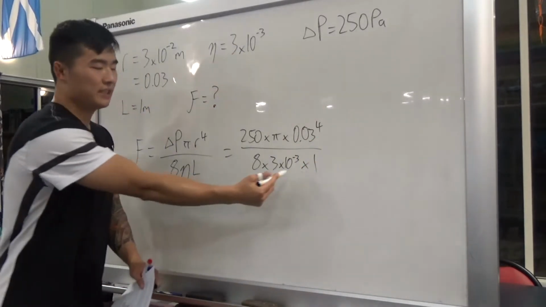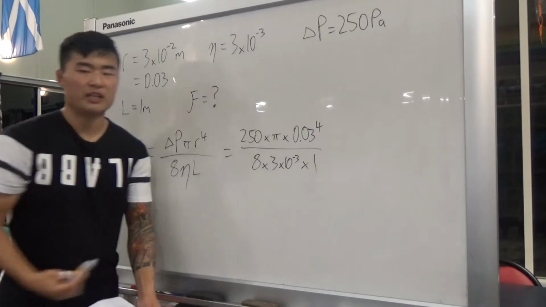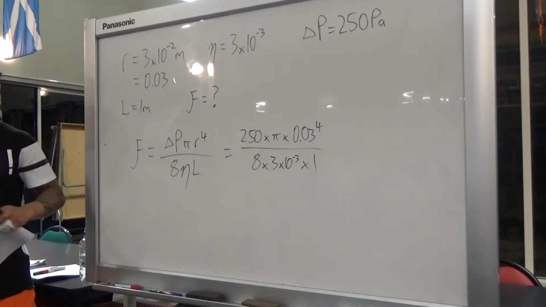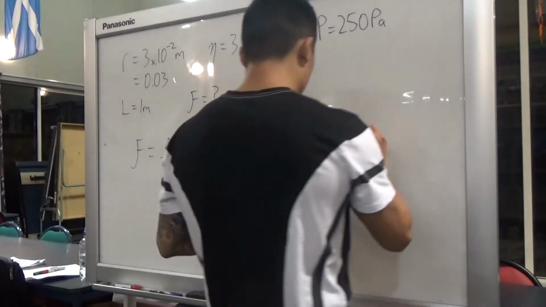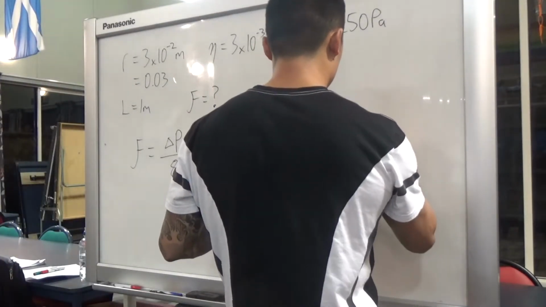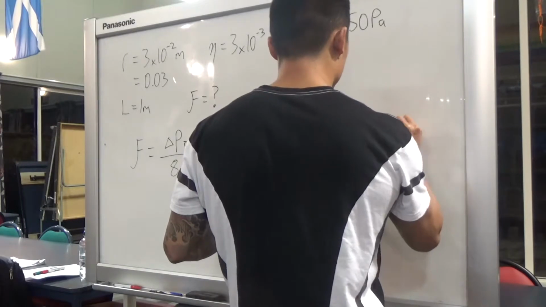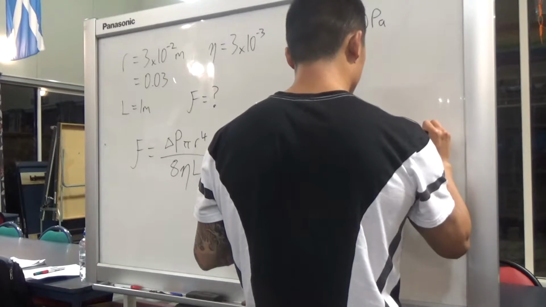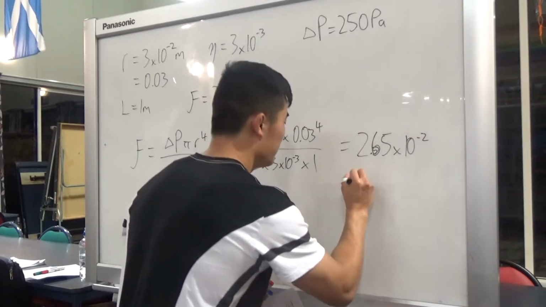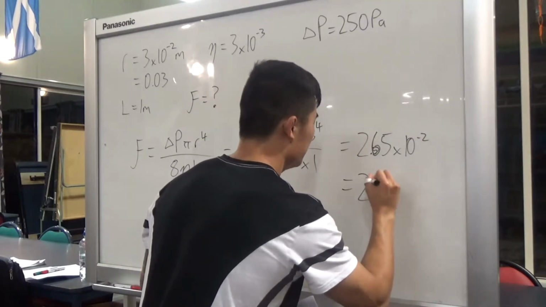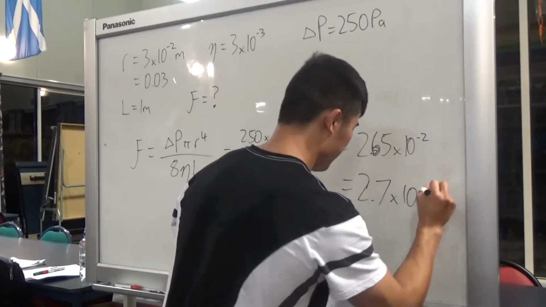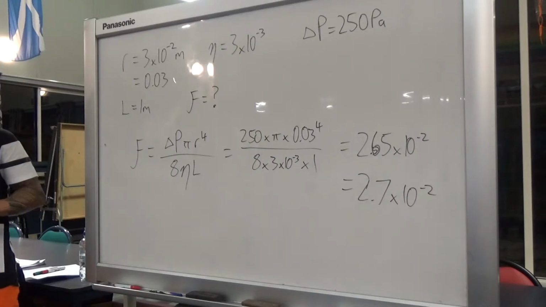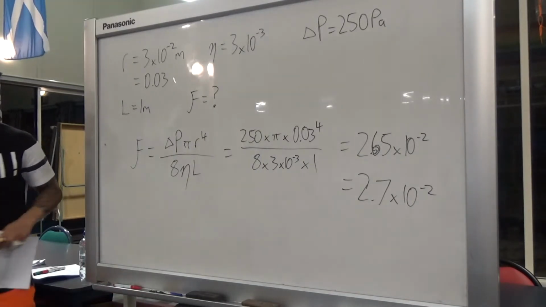If you're just timesing it by 1, you don't have to put that 1 on if you don't want to. That should give you 2.65 times 10 to the negative 2, which rounds to 2.7 times 10 to the negative 2 meters cubed per second. Okay, cool.